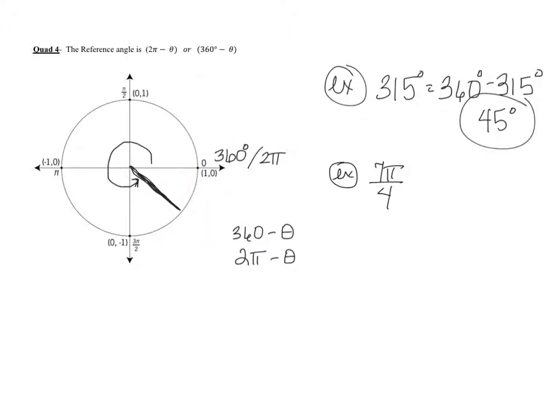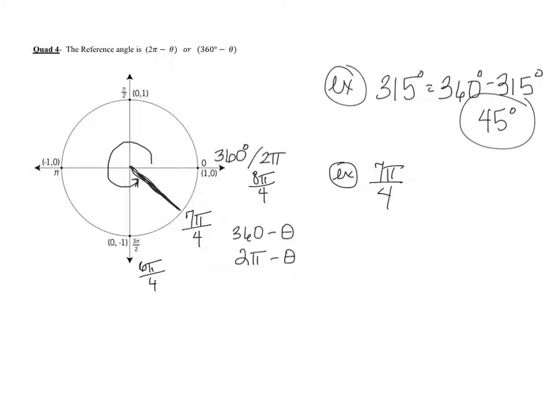So let's look at an example in radians. Let's try 7 pi over 4. If we look at 3 pi over 2, we can rewrite that as 6 pi over 4. And 2 pi, we can write as 8 pi over 4. So 7 pi over 4 lies right here in between. So it's a fourth quadrant angle.